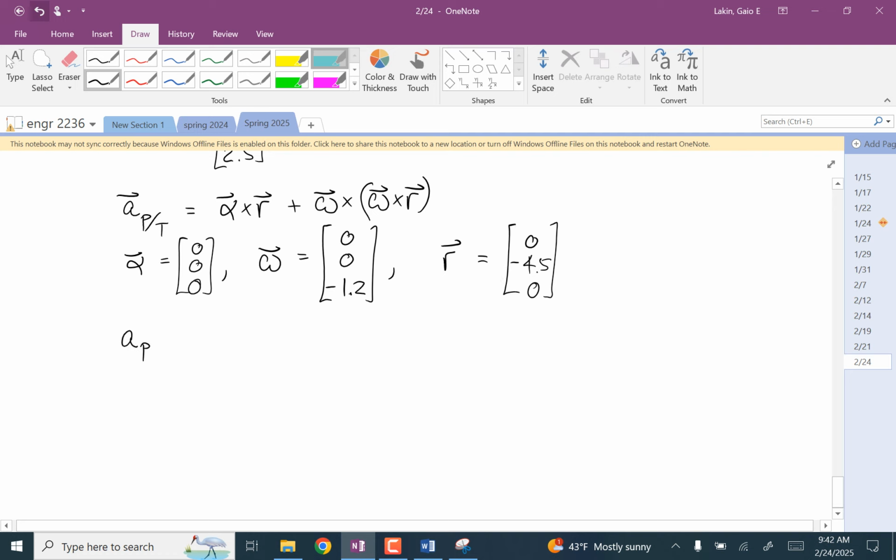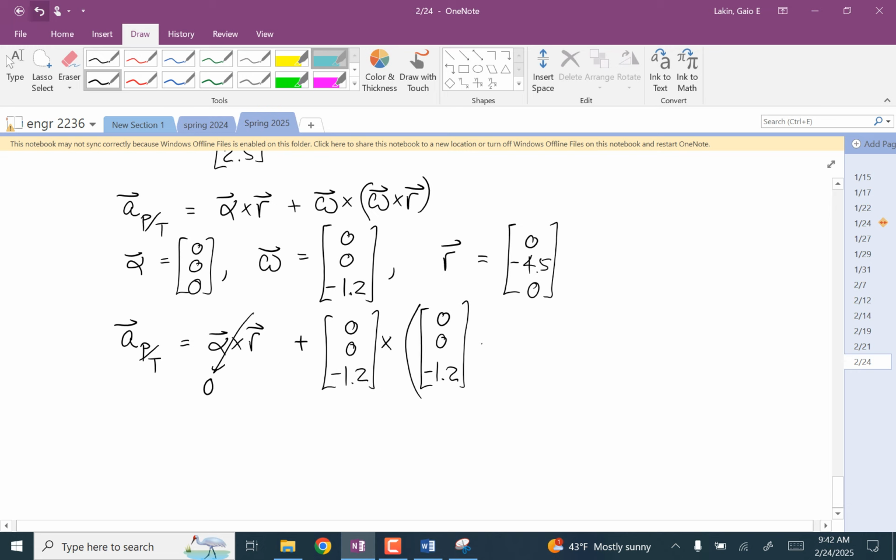So the acceleration of the person relative to the train, this tangential acceleration part goes away. And then we have 0, 0, negative 1.2 crossed with the quantity 0, 0, negative 1.2 cross 0, negative 4.5, 0.